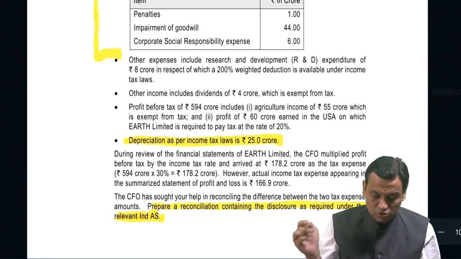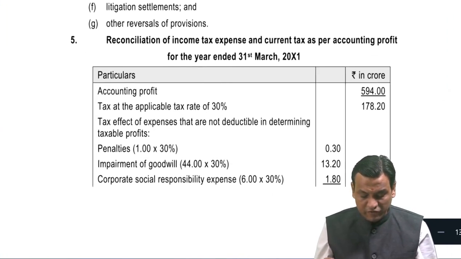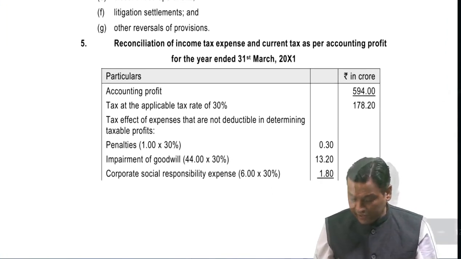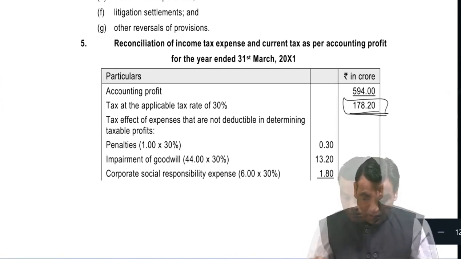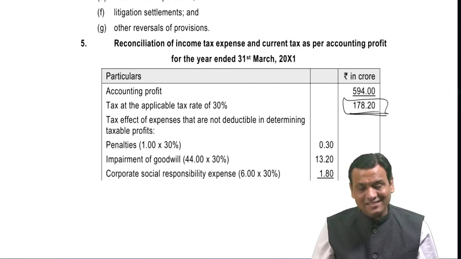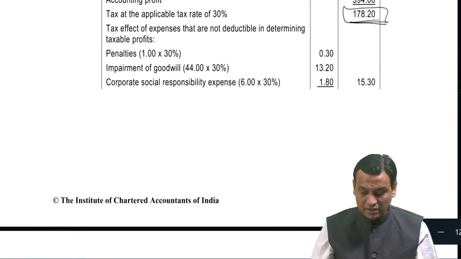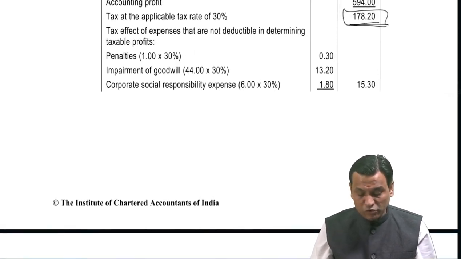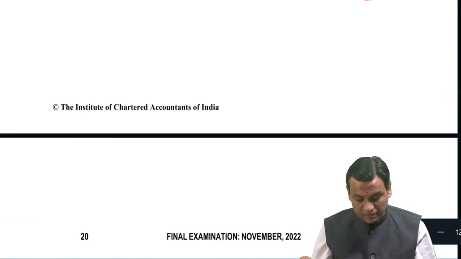You may just go through the solution one by one. So my accounting profit is 594 into 30%, I get 178. Now the tax effect of expenses that are not deductible in determining taxable profit. That was nothing but penalty, impairment, CSR. I will give the tax effect of those expenses, which comes to 15.30.